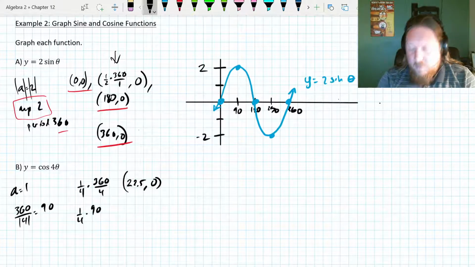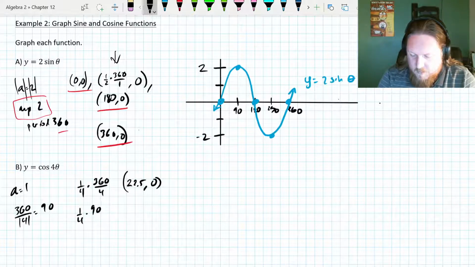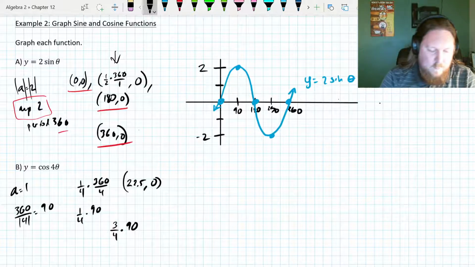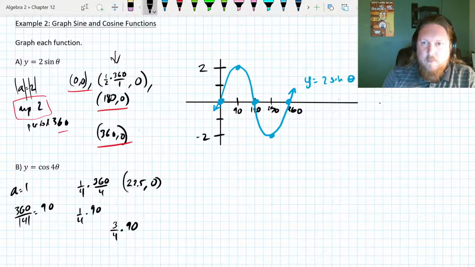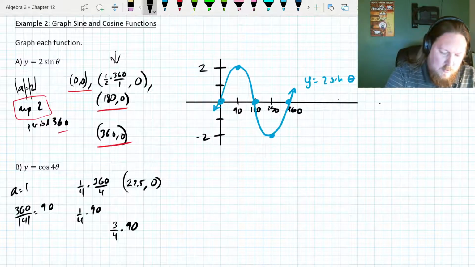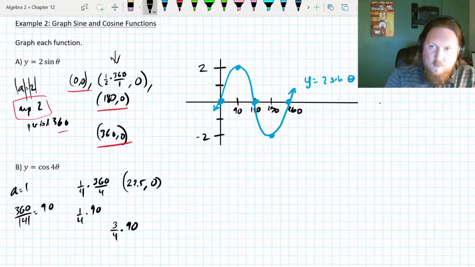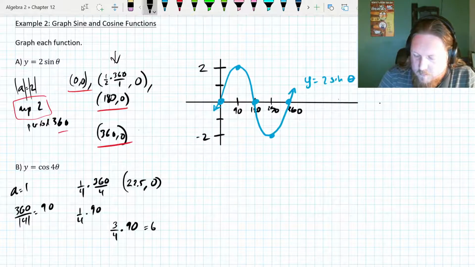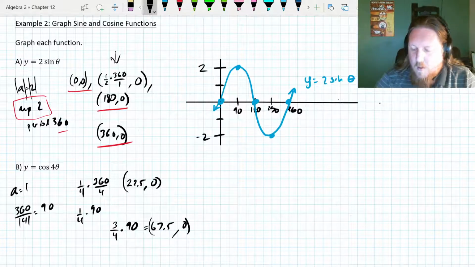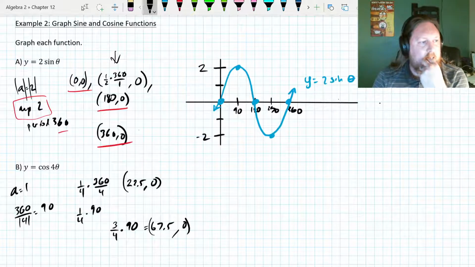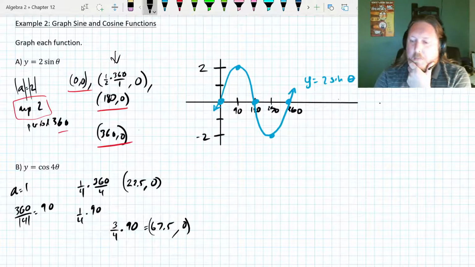Our second intercept is going to be 3/4 of that. So really all I have to do is multiply that one by 3, but 3/4 times 90. So 3 times 90 divided by 4, and we get 67.5, comma 0. So now you can see we've got slightly not nice numbers, but that's okay.